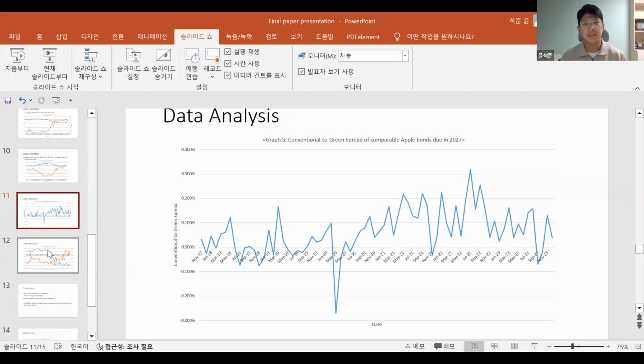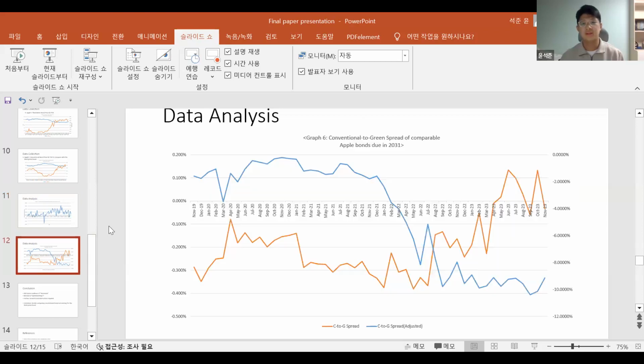So despite the efforts, in my opinion, the conventional to green spread was not enough, not sufficient.